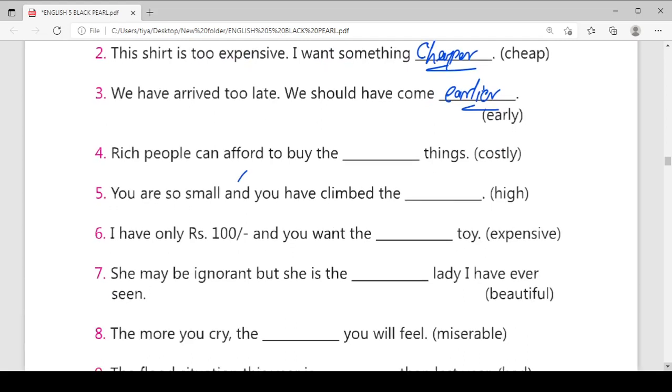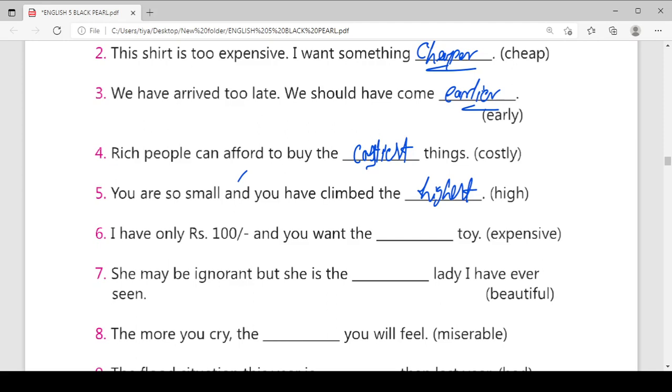Now, rich people can afford to buy the costly things, buy the costliest thing, also we can say costliest. You are so small and you have climbed the highest. Whenever we need to use the superlative degree, just remember that the is preceded by the superlative degree.